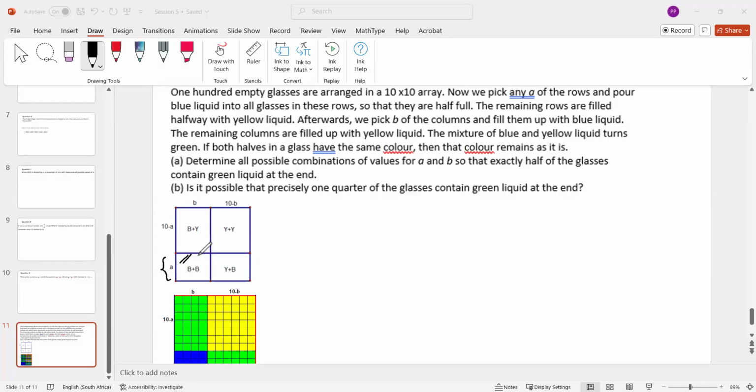Let me just color it like this. And then I also got yellow. So blue liquid is put in so that they are half full. So these A rows, the glasses here are half full.